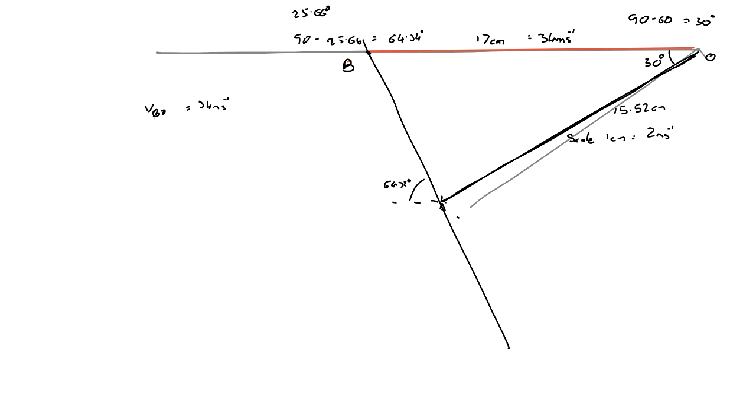If that's the tangential velocity, then omega is equal to VBO divided by the radius of the spin, which is equal to 34 divided by 0.2 meters, which is 170, near enough, rads per second. Thank you. That's how we do that first part.